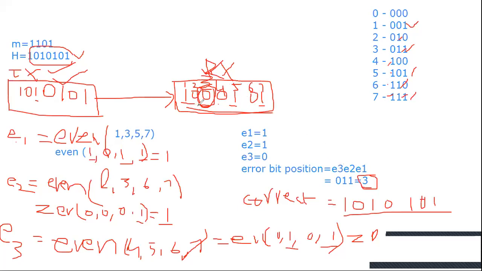From the exam point of view, how will this question be asked? The Hamming code is given, and whether even parity or odd parity is used is also given, and you must find out which bit has the error.